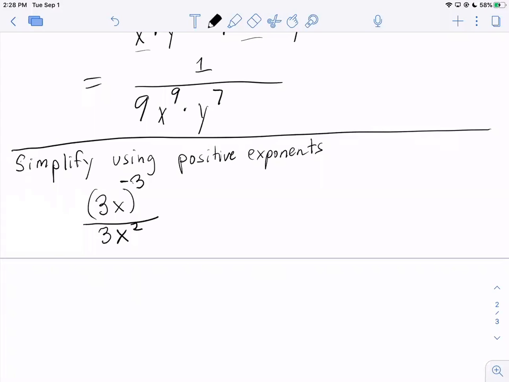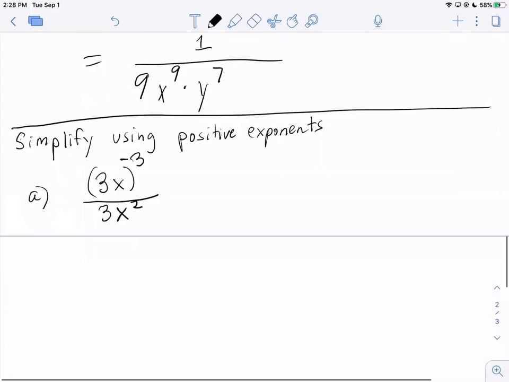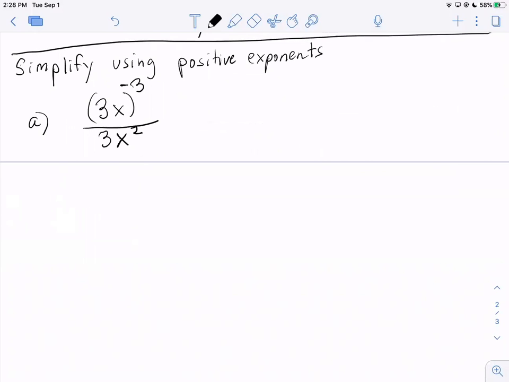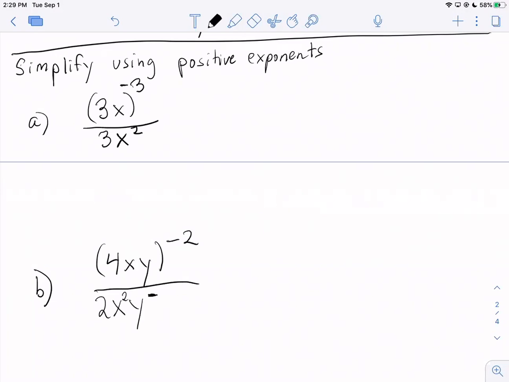Okay, so this is question A. So try this one out. And for B, we'll do one that's a little bit different. Okay, so please write these 2 questions down.